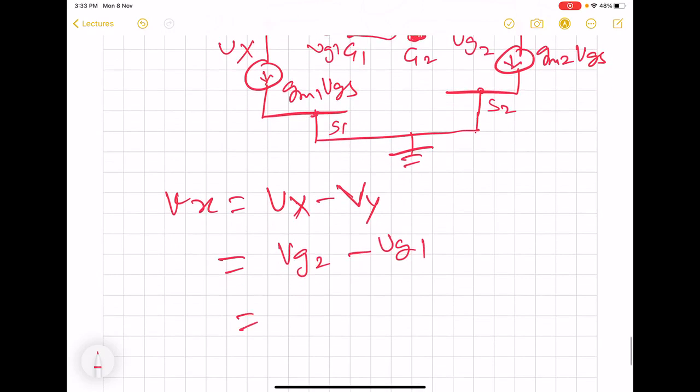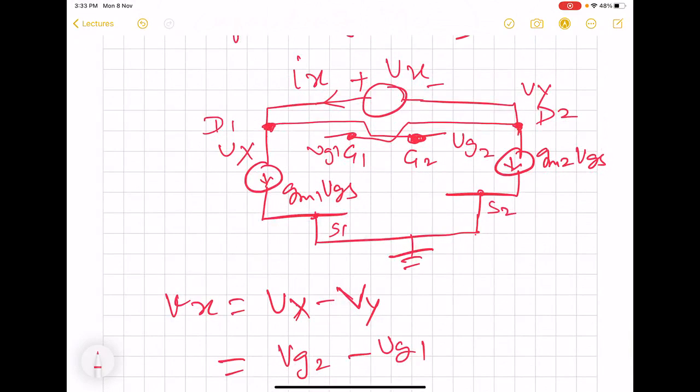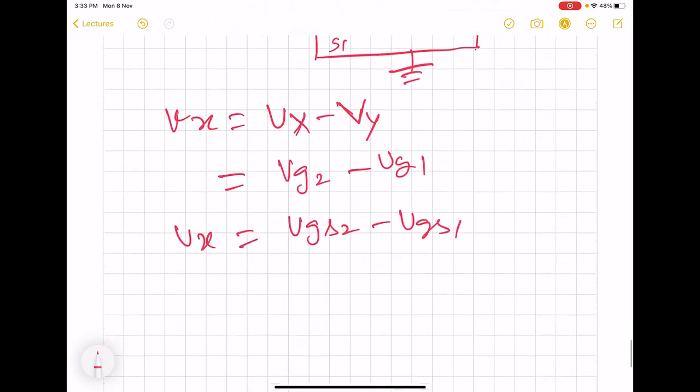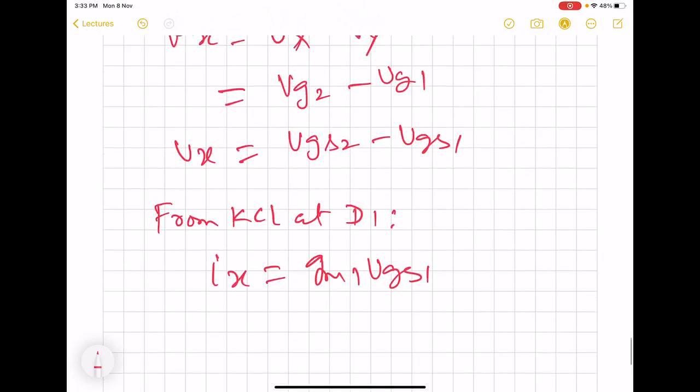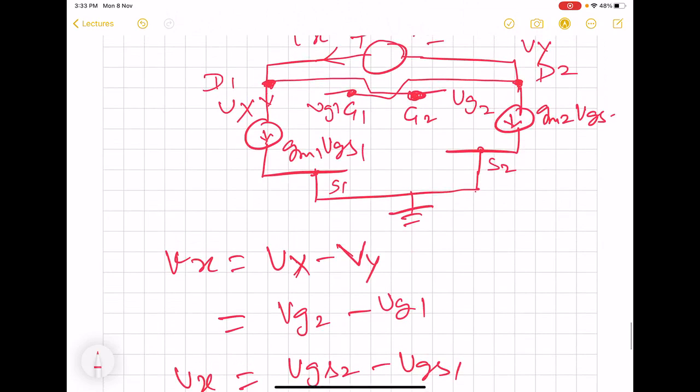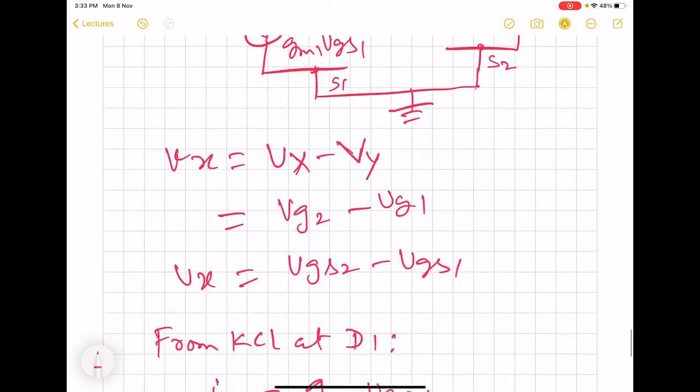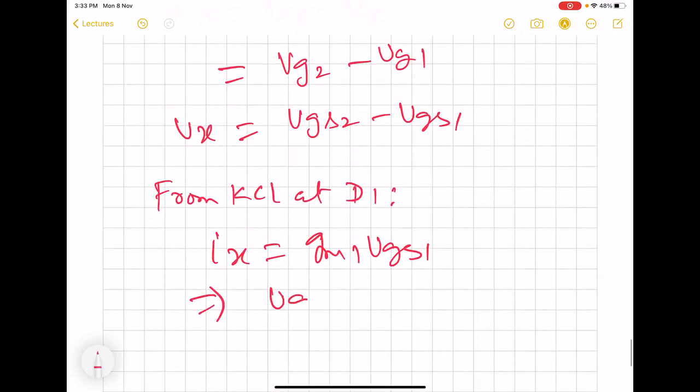Since the source of these two MOS are grounded, we can write VGS2 minus VGS1. So this is Vx. Now if we apply a KCL at say node T1, what we get is Ix is equal to GM1 VGS1. Here this is VGS1, the second current is VGS2. So from here we can find out VGS1 as Ix by GM1.